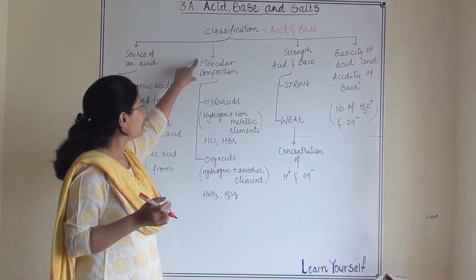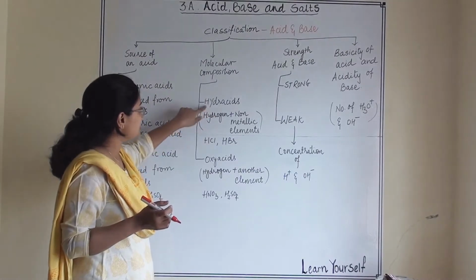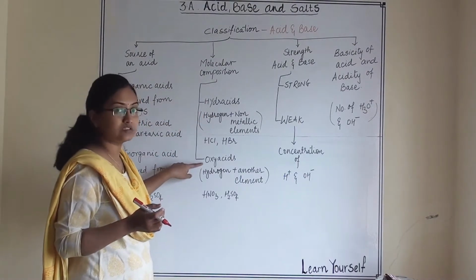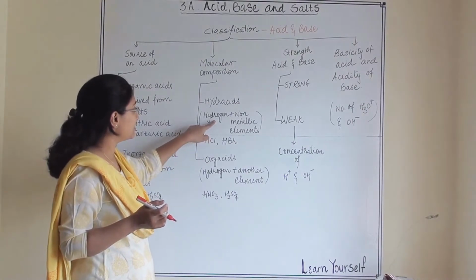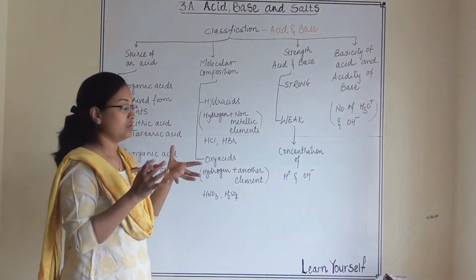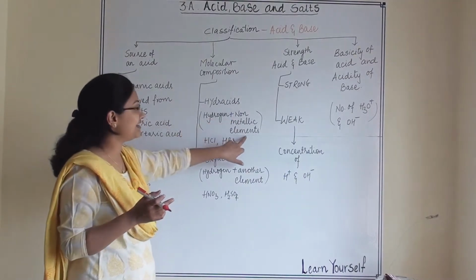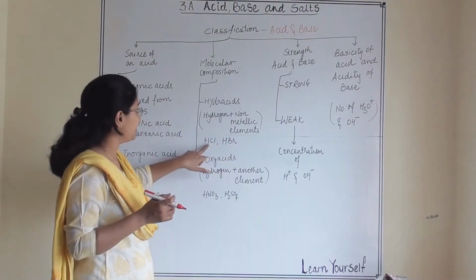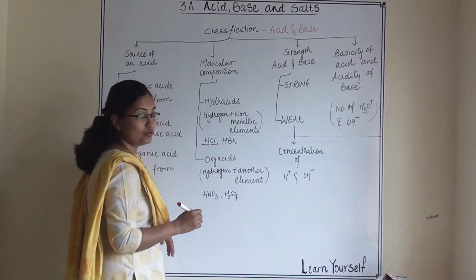Now molecular composition. The molecular composition of acid is, first hydroacid and the other one is oxyacid. In hydroacids, hydrogen and non-metallic elements will be there. For example, hydrogen, and Cl is a non-metallic element.